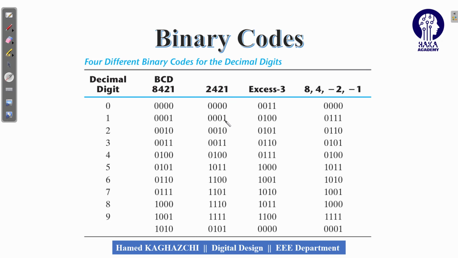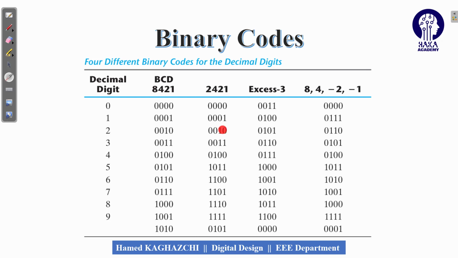For example, if you want to make 1, the corresponding binary code of 1 in the 1242 binary code, you can say that instead of 1, write 1, the rest is equal to 0. So this is the binary code of the 1. Similarly, for the case of the 2, instead of these 2, I write 1, the rest 0, so you will have something like that.